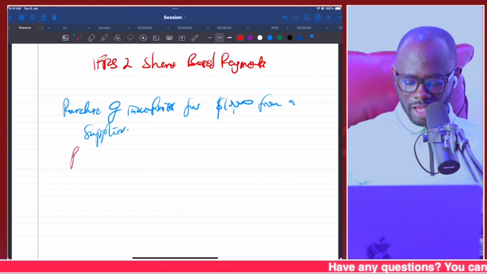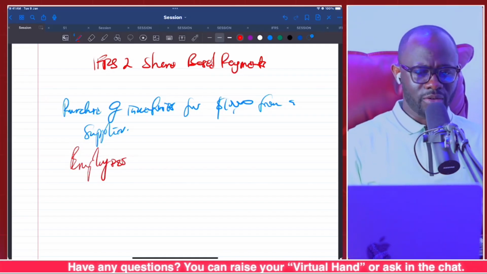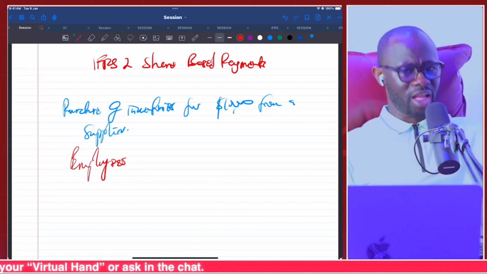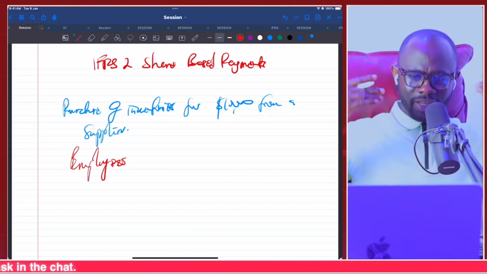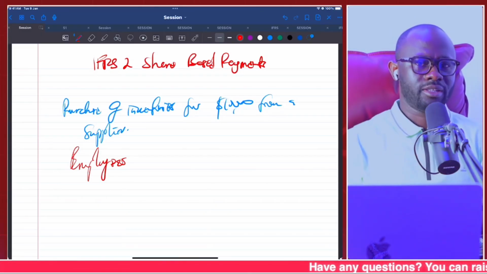Or employees have worked, and we are supposed to give them money, but we said, hey, we're going to pay you based on the value of the shares of the entity. That is the idea about share-based payment.